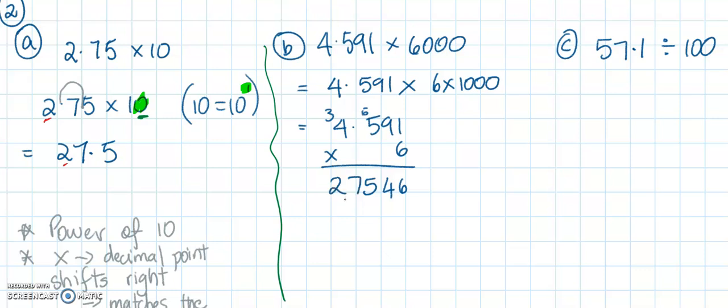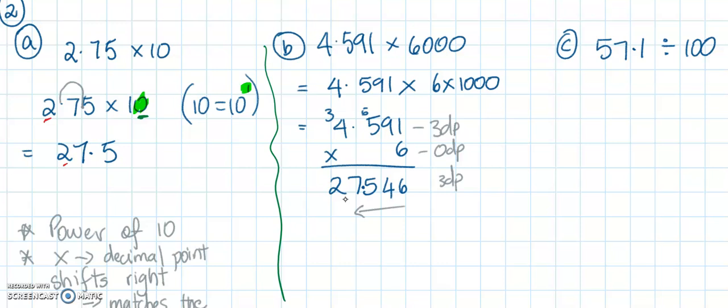The rule: this has 3 decimal places and this has 0 decimal places. In total, your answer will have 3 decimal places. So moving from right to left, I count 3 digits, 1, 2, 3, and I get 27.546.